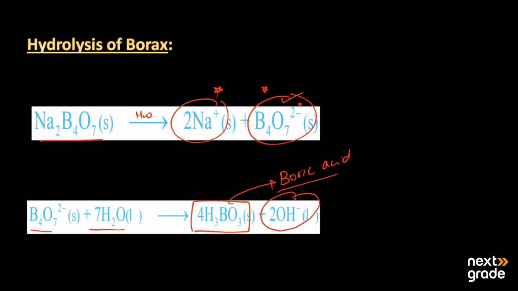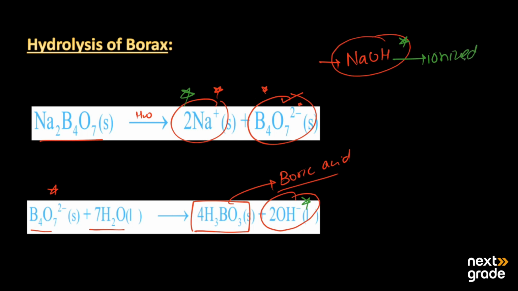So this is a simple hydrolysis of borax, and then the hydrolysis of its anionic part. As a strong alkali, sodium hydroxide is formed. Here sodium combines with hydroxide, and a strong alkali is formed, which is highly ionized.